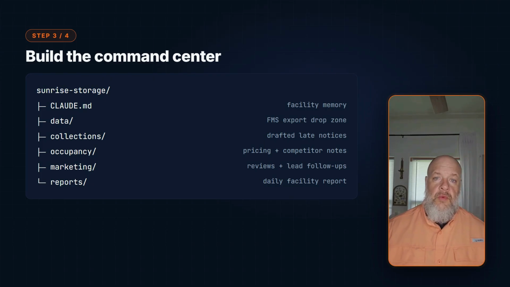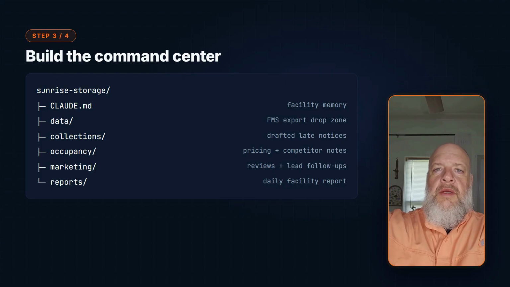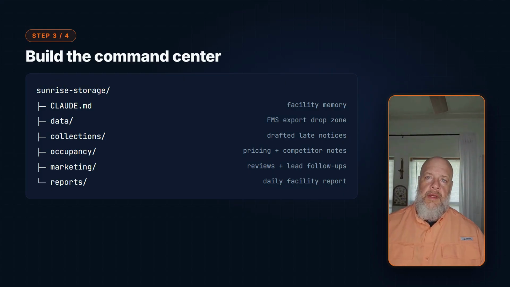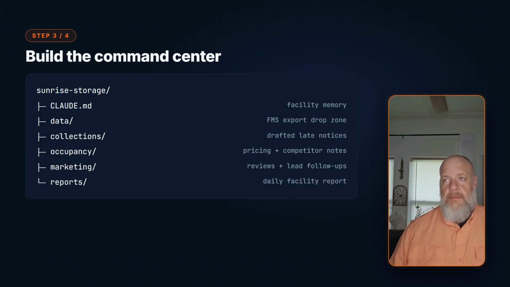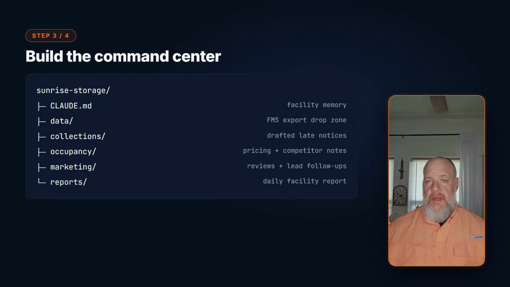And here's the beautiful part. You don't make these by hand. You open Claude Code and literally type: create my facility command center, folders for data, collections, occupancy, marketing, and reports, plus a CLAUDE.md file, and then interview me about my facility to fill it in. It'll build the whole thing and start asking you questions.